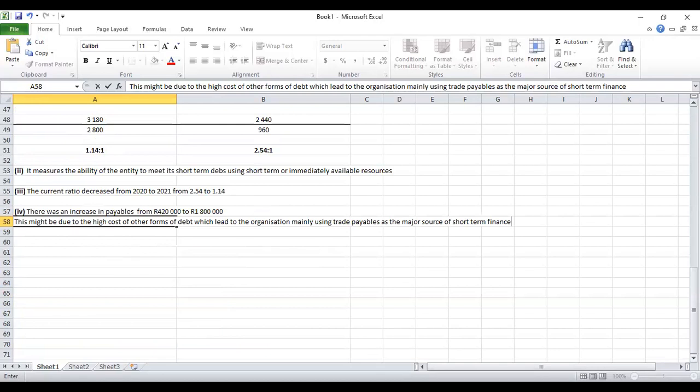You can also use the items that make up the formula to argue the reasons for the movement. My current ratio is current assets over current liabilities, so if it changes, I have to look at the current assets. You saw I ignored the inventory.